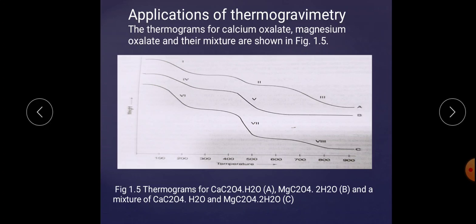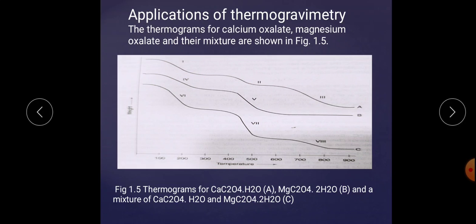Now let's discuss it thoroughly. Let's check the first thermogram, that is thermogram A, which is the thermogram of calcium oxalate monohydrate. In this thermogram, three different regions are observed.